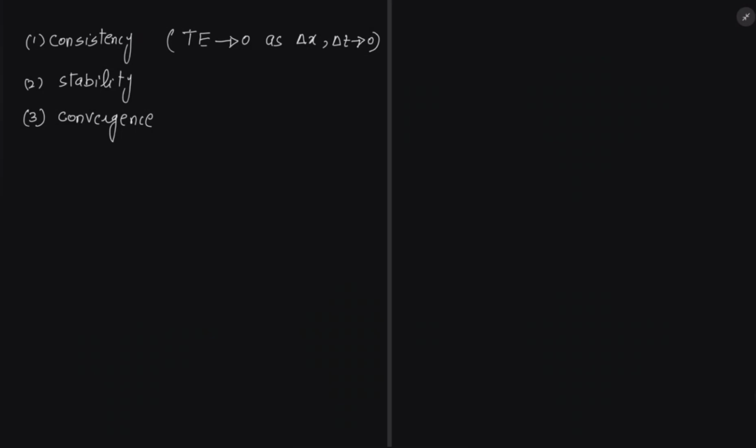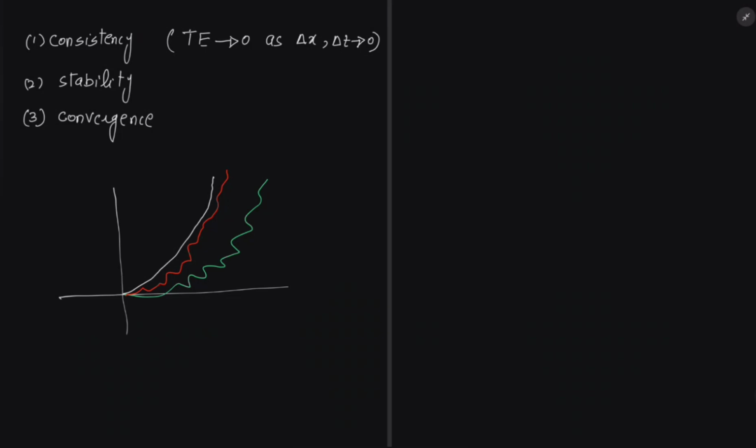Also, if we have an exact solution and a numerical solution like this, although it is converging towards this curve, you can still see that there are oscillations, which are not desirable in this numerical method.